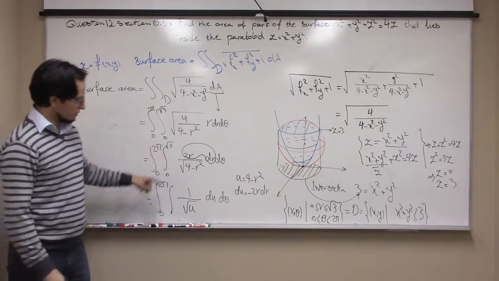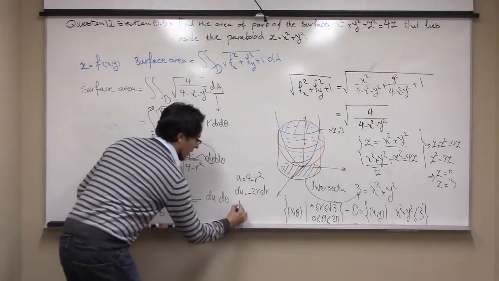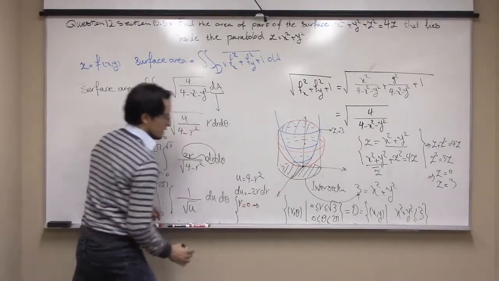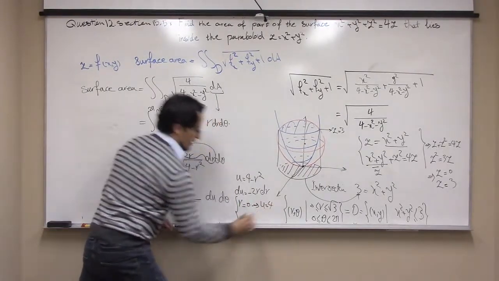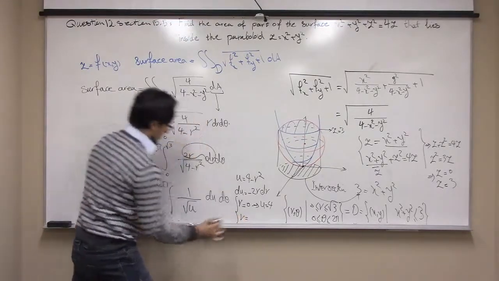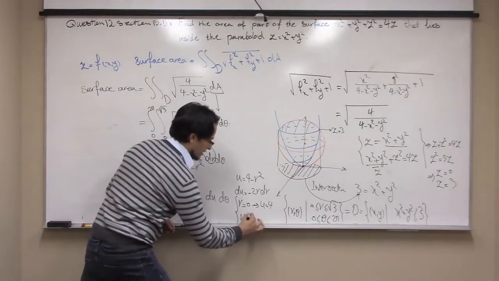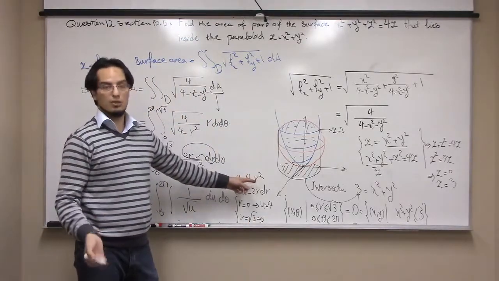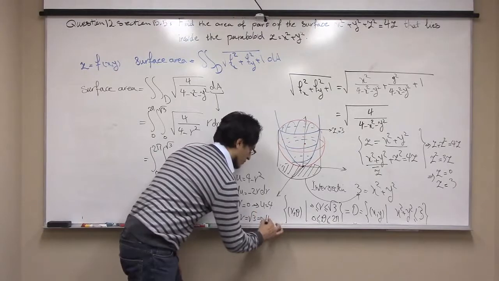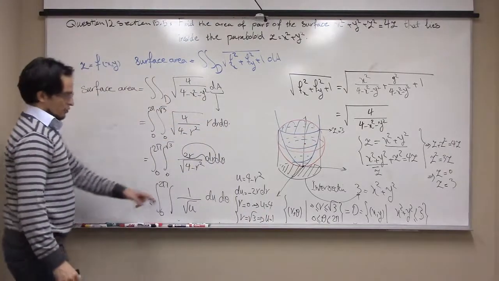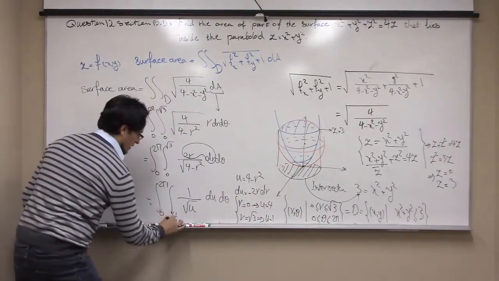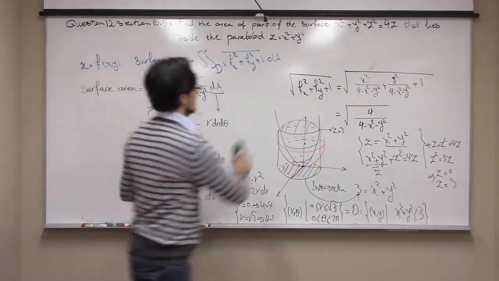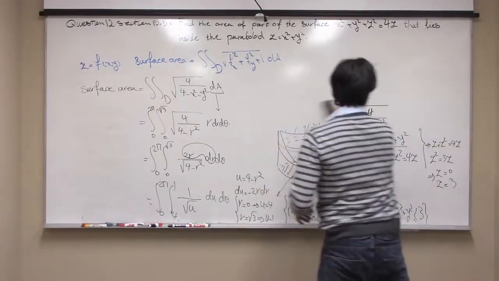Okay, what about the boundaries? So if r is 0, then u is going to be 4. If r is equal to √3, it is going to be √3 squared, which is 3. 4 minus 3 is going to be 1. So the lower one goes to lower one, upper one goes to upper one.